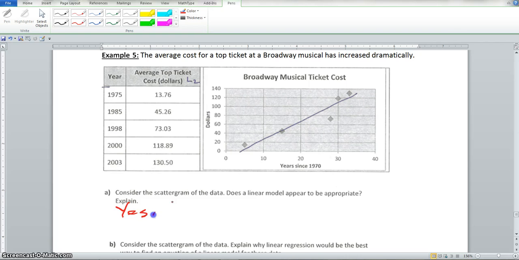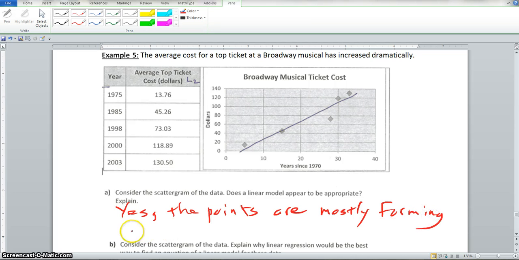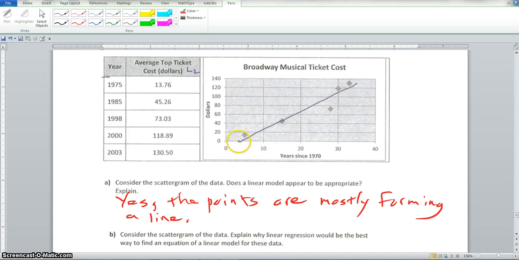We would say yes, because the points are mostly forming a line. Because if you look at the points, they're basically almost going in a straight line here.